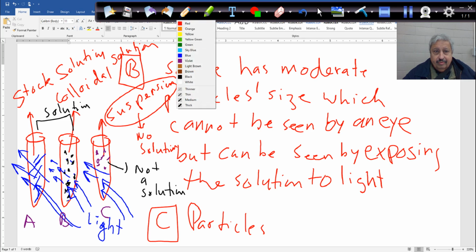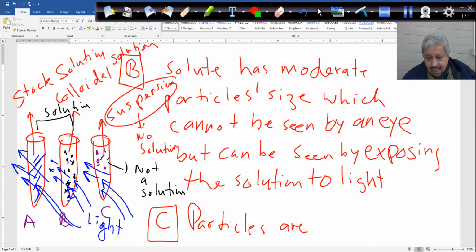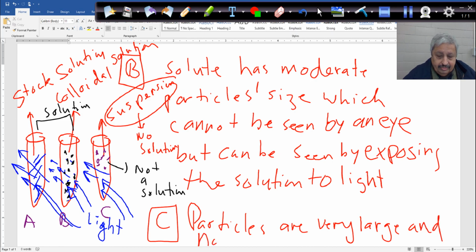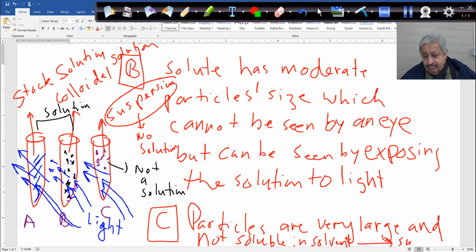Particles are very large and not soluble in the solvent. So we call this one suspension.